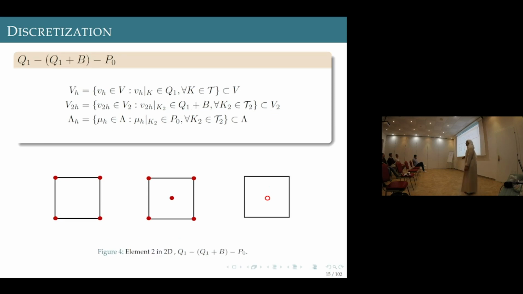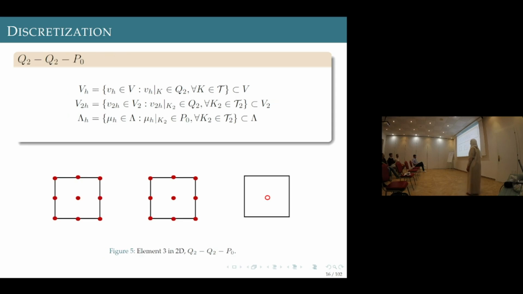The second element that I'm proposing is Q1 plus a bubble, P0, and here we approximate the solutions in VH just like before. However, for the space V2H, we enrich it with a bubble that uses 1 extra degree of freedom in 2 dimensions located in the center of the element. The last element we're proposing is Q2, P0, where here we are approximating solutions in VH and in V2H using piecewise biquadratic polynomials, and this in 2 dimensions uses many more degrees of freedom, 9 degrees of freedom in here.